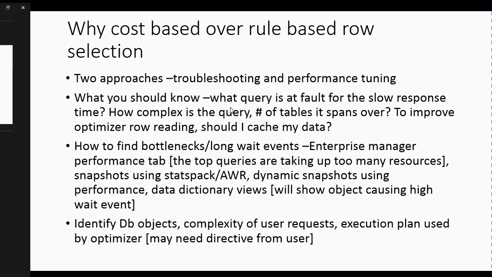As you're administering different databases, you have to figure out which query is giving you a hard time. Which query, or which queries? It could be multiple queries. And also how complex is that query exactly, right? Because a query can get information from just one table, or you can have joins, or a number of different operations performed on the data.